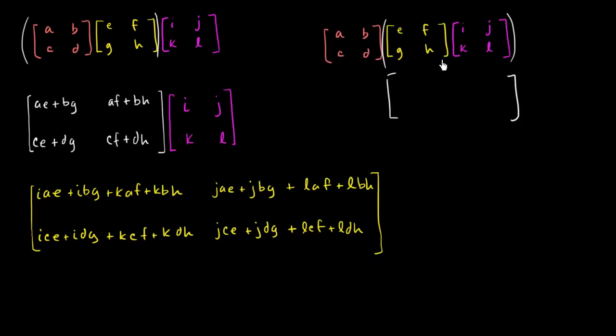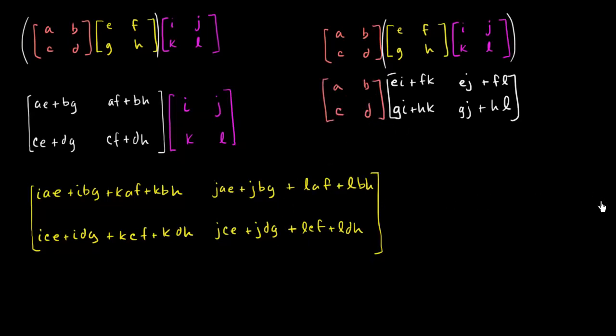This product, if I multiply these 2 first, is going to be EI plus FK, then the next entry, EJ plus FL, then GI plus HK, and then finally we have GJ plus HL, and it's all going to be multiplied times A, B, C, and D.